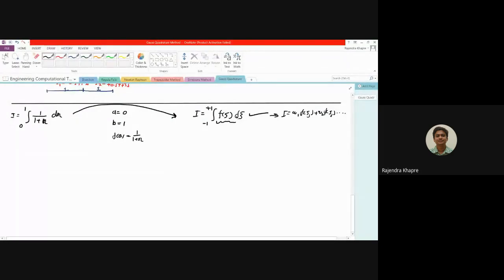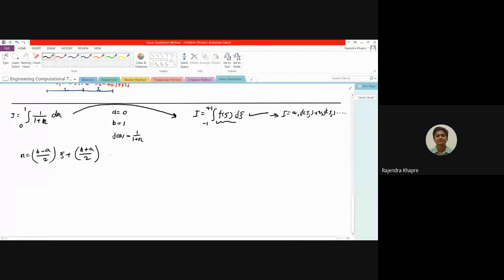So what we have to do is first convert the given equation into the xi form. For this we have a standard solution available. Generally it is done like this: x equals b minus a divided by 2 into xi, plus b plus a divided by 2.